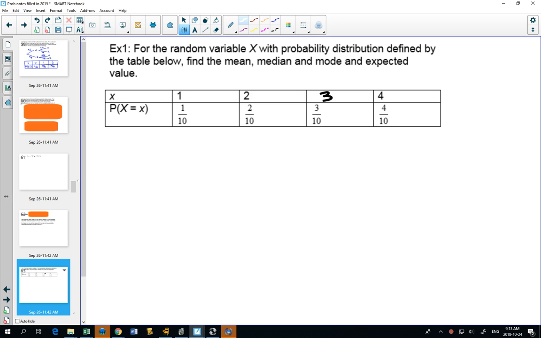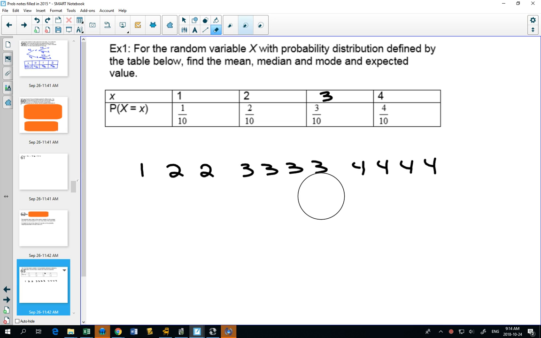Well, one way to think about this, since each of these has a something out of 10 chance, does it make sense if you conducted this experiment 10 times that you would expect to get a 1 once, a 2 twice, a 3 three times, and a 4 four times?